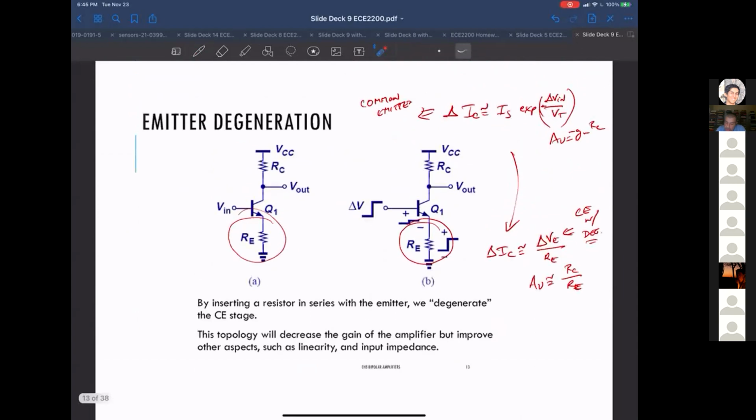But again, same idea as the biasing: this approach gives you lower gain. It seems counterintuitive to use it, but that lower gain means it's much more controllable and much more producible. Okay, guys, any questions?